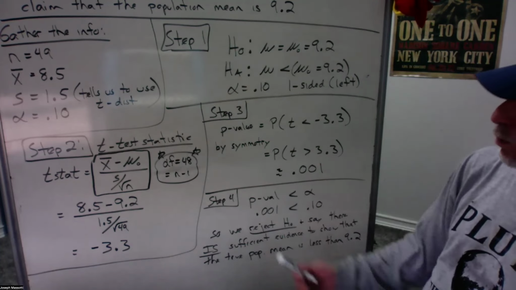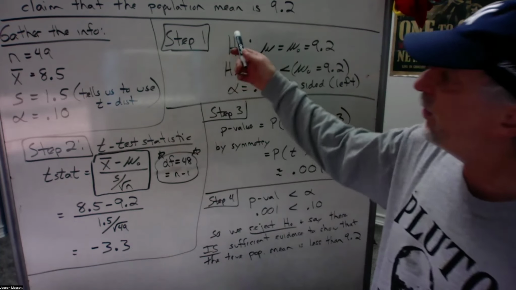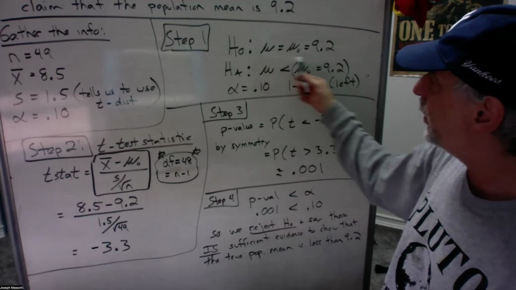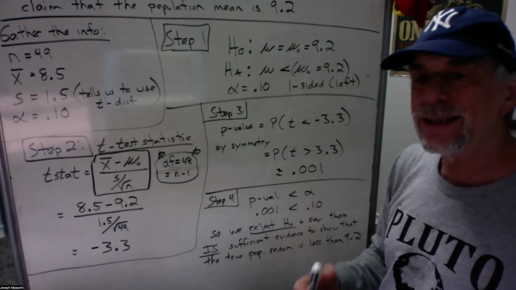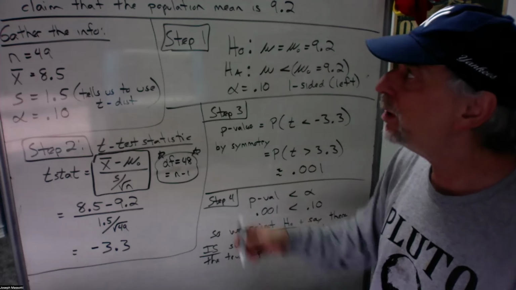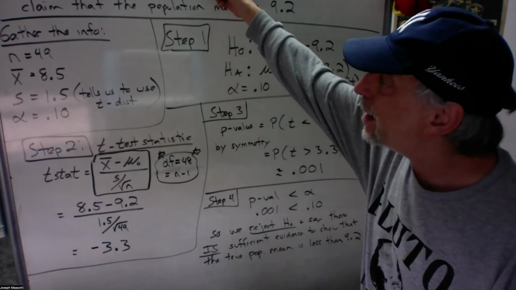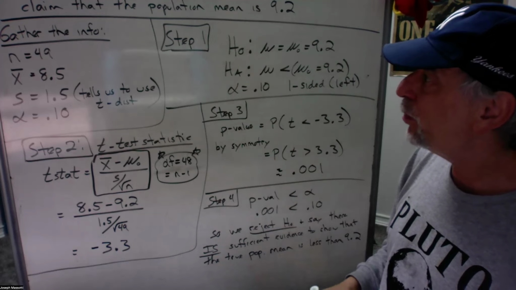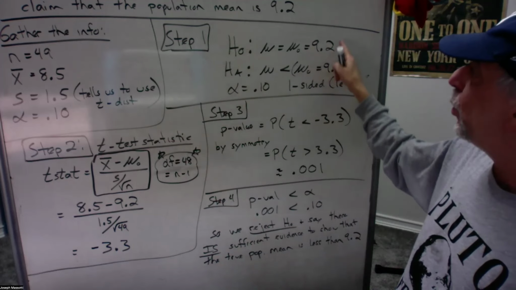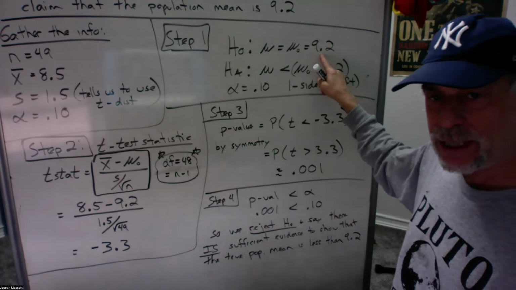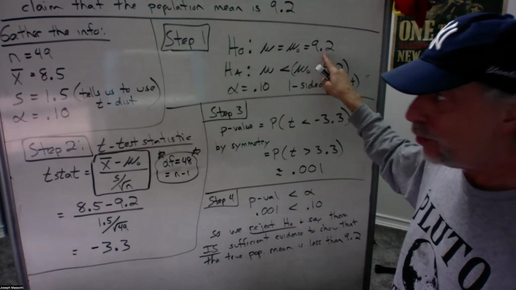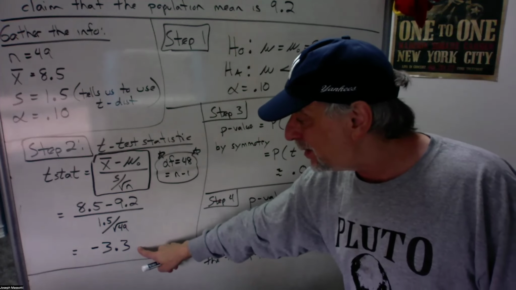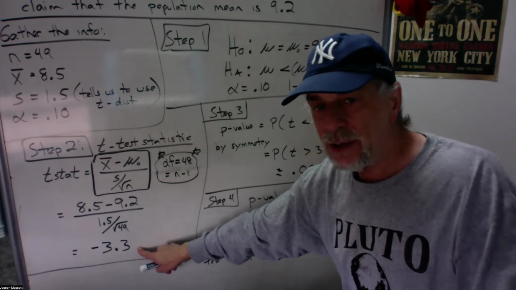And we find the probability that if our null hypothesis is true, remember again the theory here, if the null hypothesis is true, then the center of the sampling distribution of samples of size 49 from that population will follow the sampling distribution with a mean of 9.2. That will be the center of the sampling distribution if it's true. We're taking one sample and saying, well, look, this is to the left of the center.